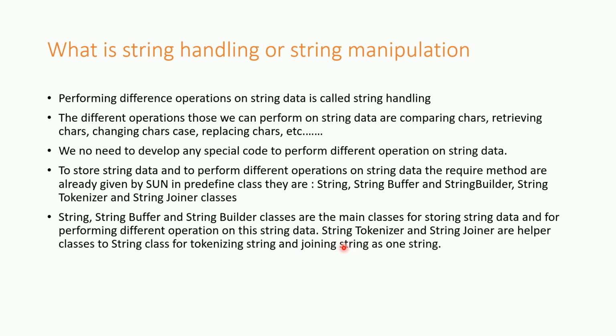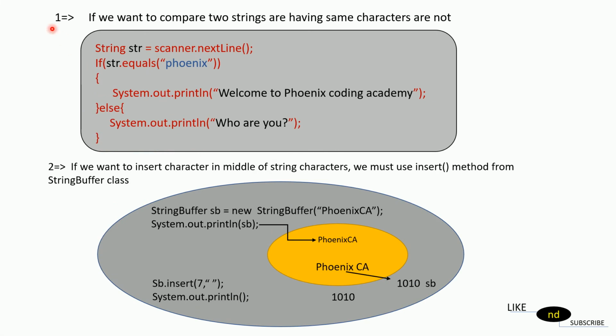If you see the next point, here I am taking one example. If we want to compare two strings, a string means a sequence of characters present inside double quotes. We will compare the two strings and check whether they have the same characters or not.